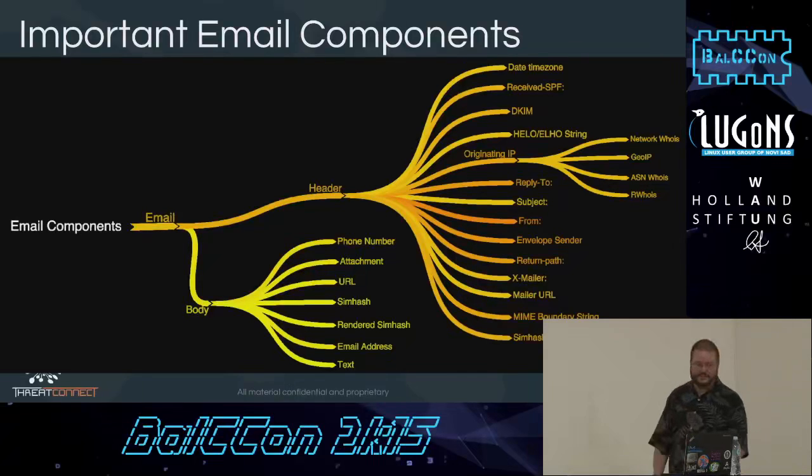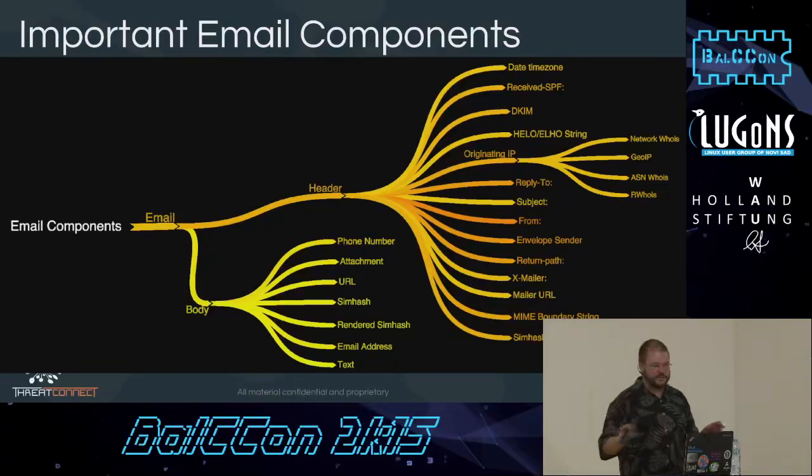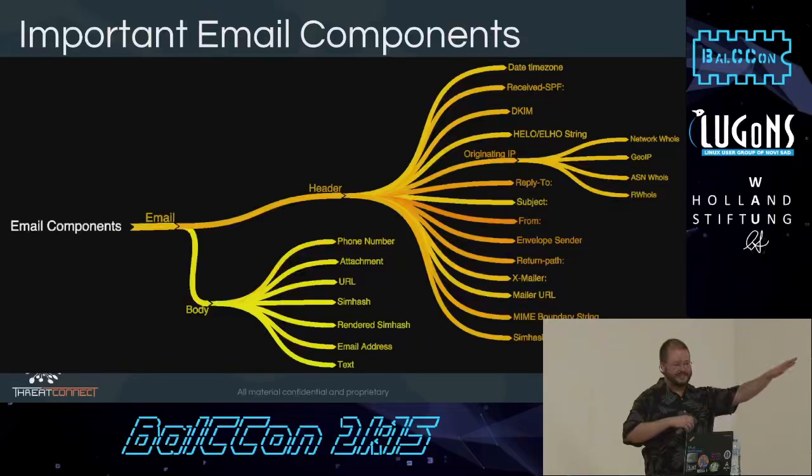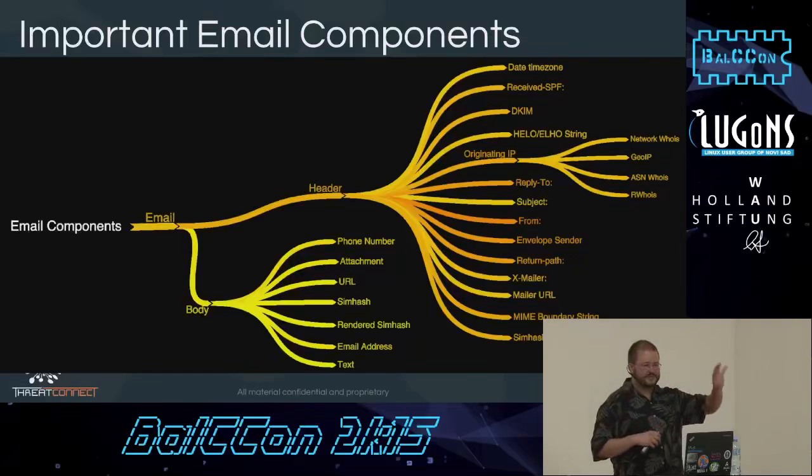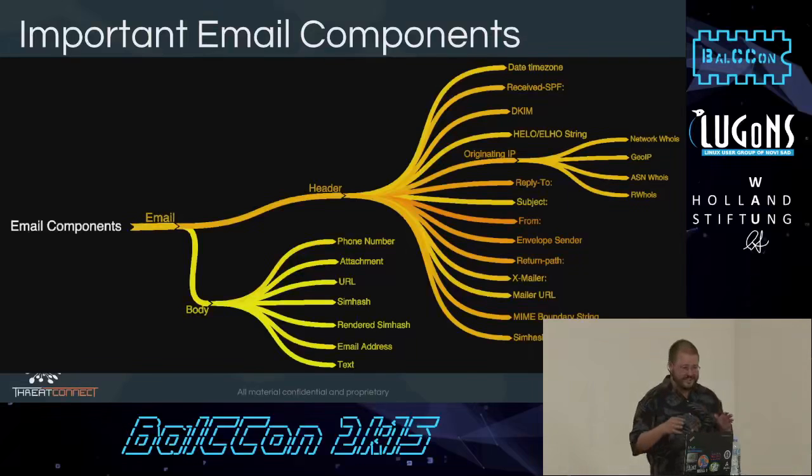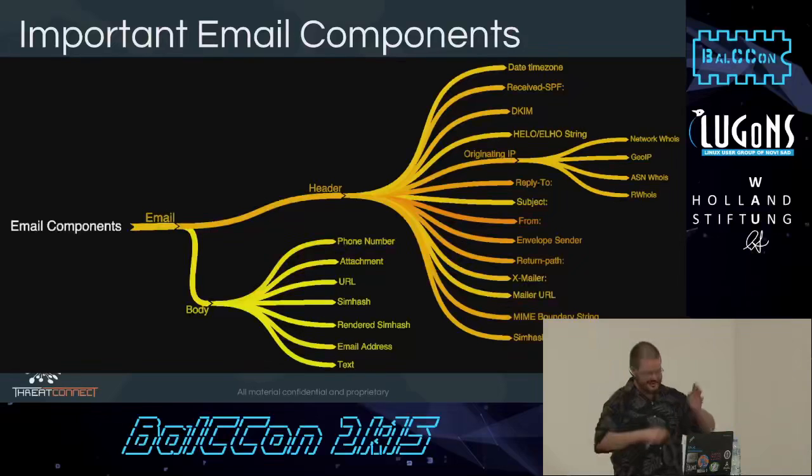The from address, this is typically forged. During the SMTP handshake, as long as that mail server that you're sending the spam to is maybe misconfigured or not configured very strictly, the from address can just be anything you want. You can just type in whatever you want.